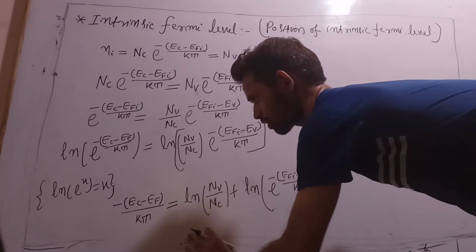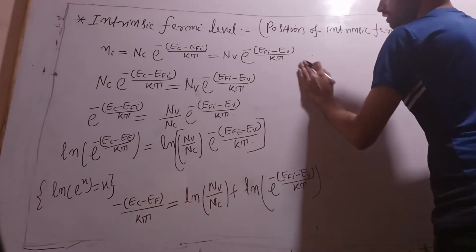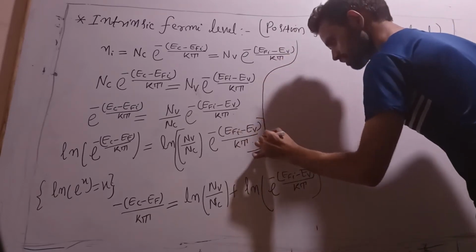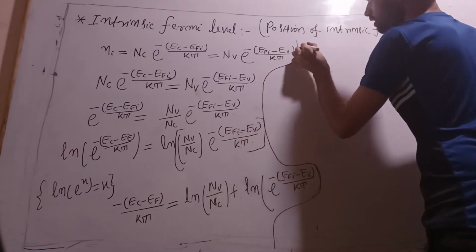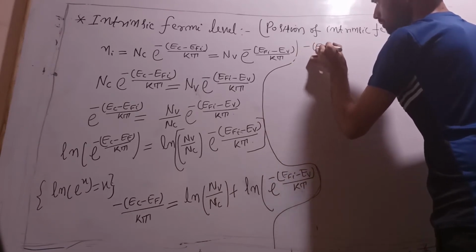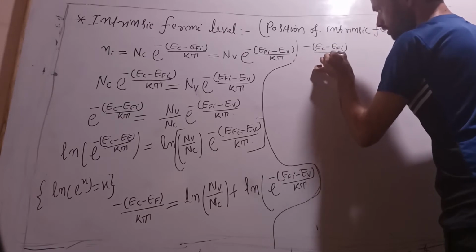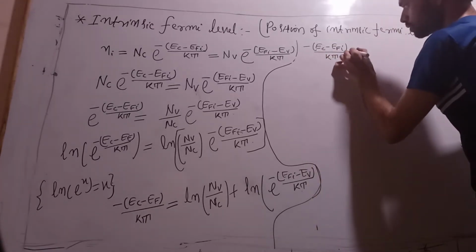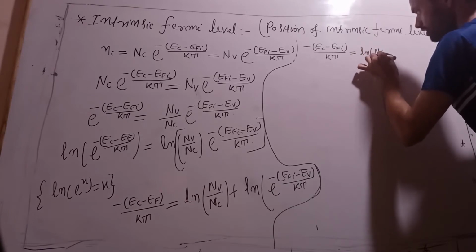Okay, so now see here, just draw this line here. So this is minus (Ec minus Efi) by kT is equal to ln Nv by Nc.